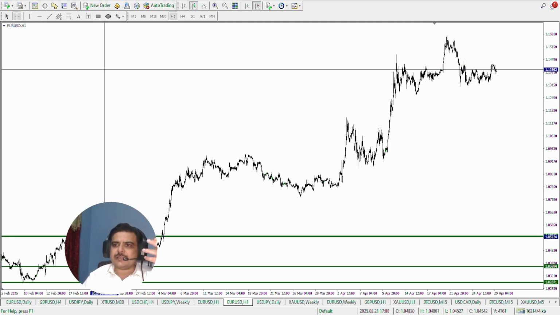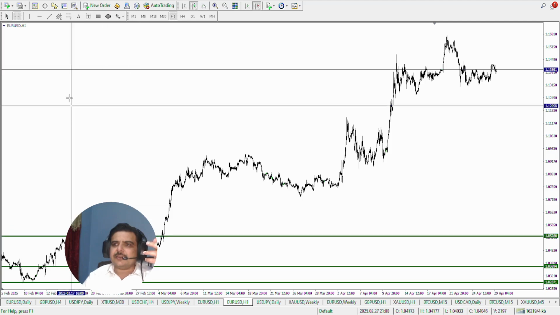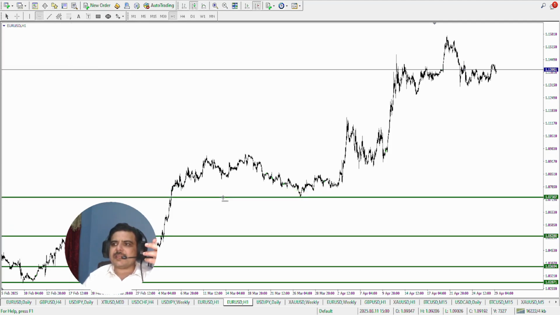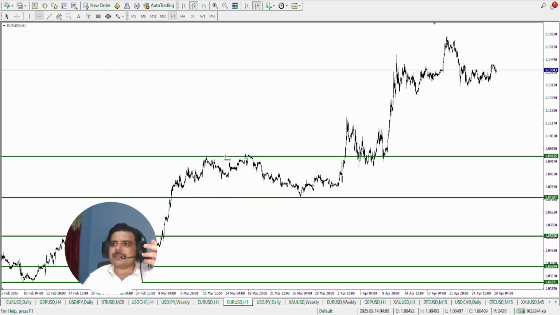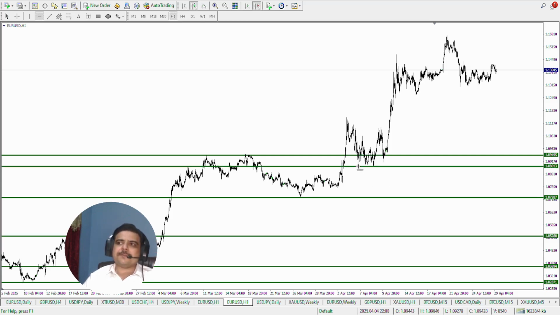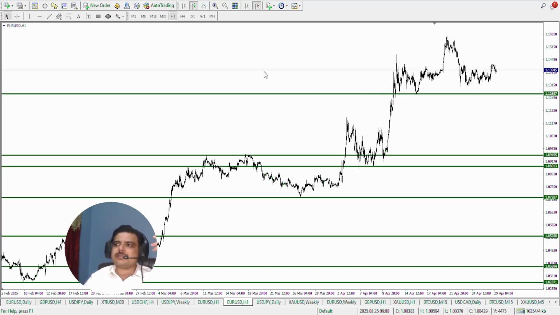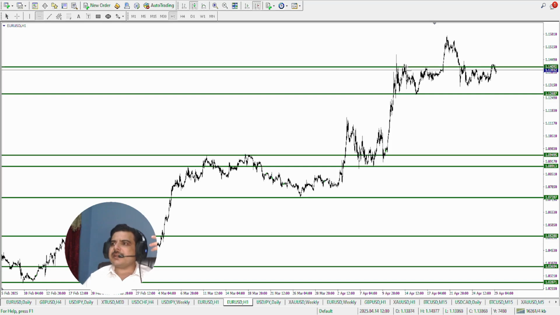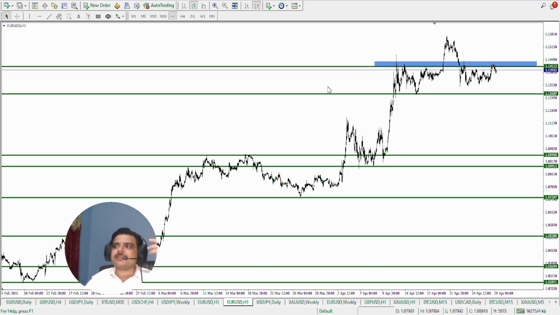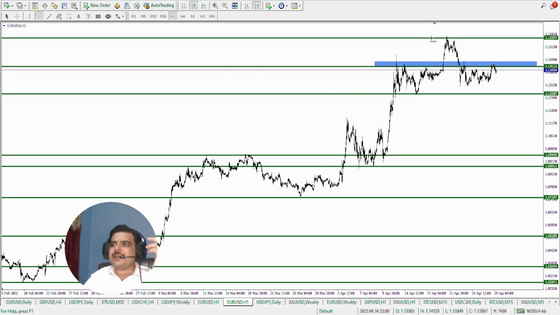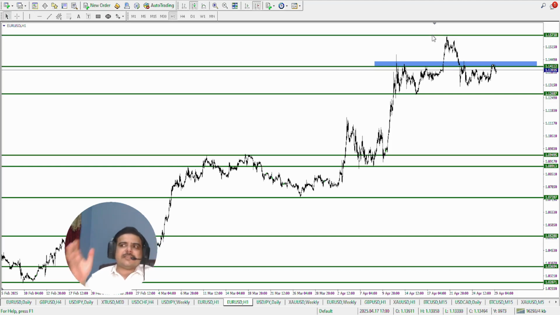This is my resistance, this is again my support, again my resistance, and right here again my support, and similarly again this is my support. Then right here again there is a resistance, there is a head and shoulders pattern right here as well. Then again right here we have some other resistance level. If we do it this way, it will become a complete mess.